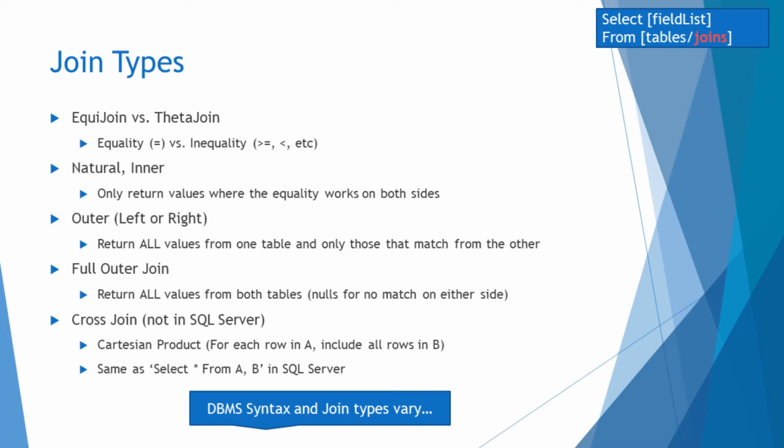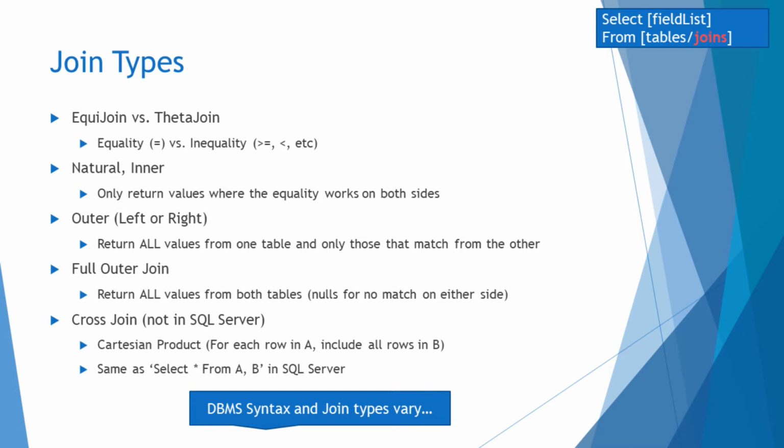These are left or right outer joins, and the right or the left refers to what side of the equation on your equality statement. Again, we're going to be walking through this in just a second, so if I'm confusing you, it's okay. If you read the book or when we go through the actual example, you'll see what I mean. There is also the concept of a full outer join, in which case it returns all values from both tables, and it'll have nulls for anything that doesn't match on either side.